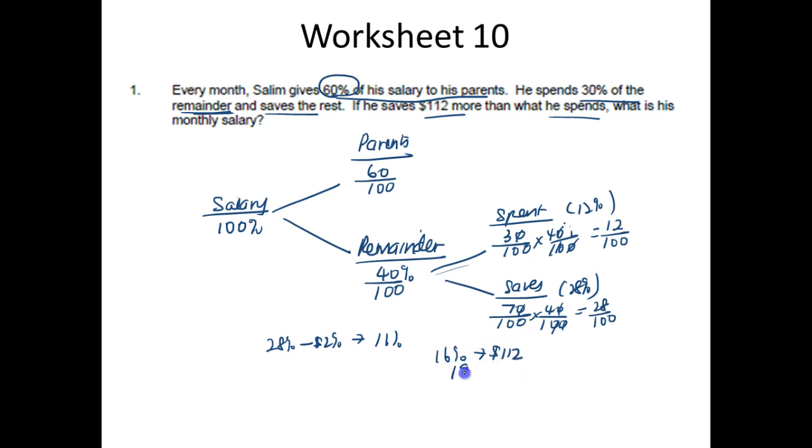So 1% will be 112 divided by 16, and you will get $7. What is the monthly salary? I find 100%. It will be 7 times 100, and his monthly salary is $700.